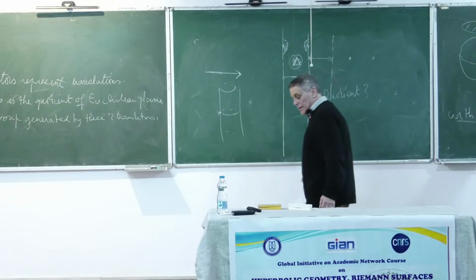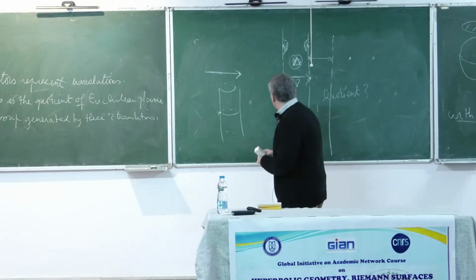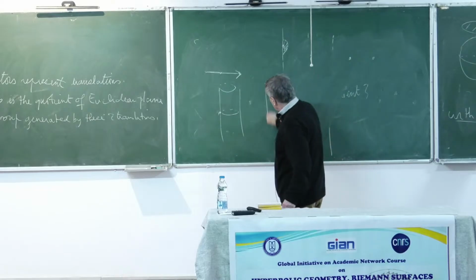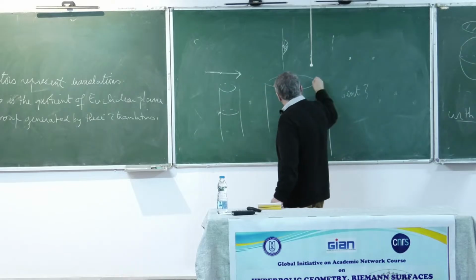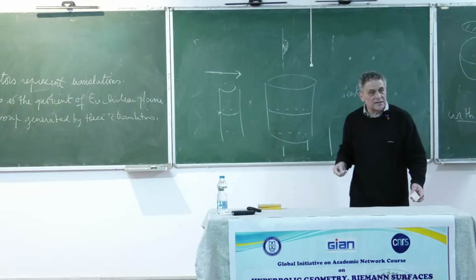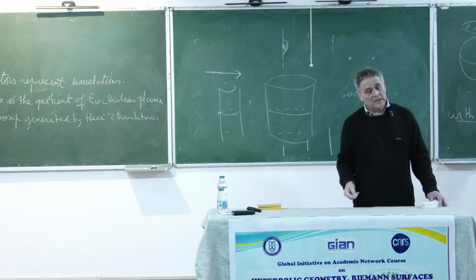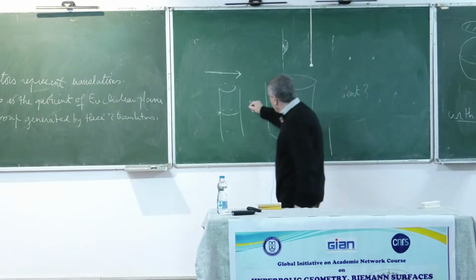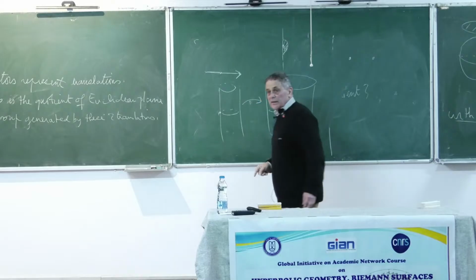For the new cylinder, this is the first cylinder. The new cylinder is larger, and the shortest loop is larger, I can see that, but how do I prove geometrically that there is no isometry from this cylinder to this cylinder?